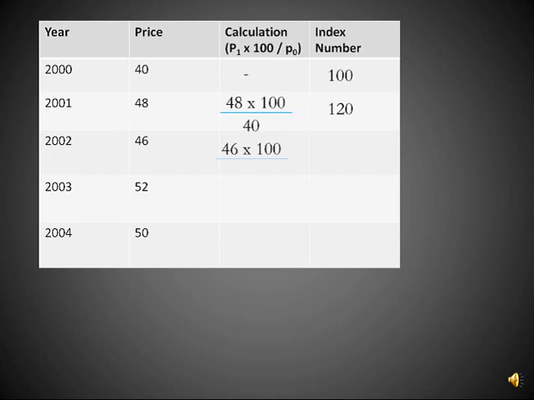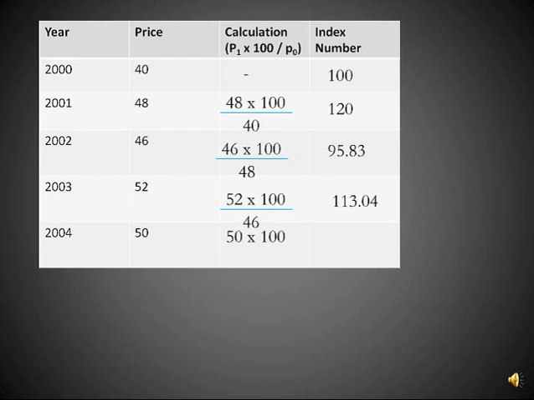Now for 2002, P1 will be the price of 2002, that is 46 and P0 will be the price of its just previous year, that is 48. So the index number here comes to 95.83. Similarly for 2003, P1 will be the price of 2003 and P0 will be the price of its just previous year, that is 46.